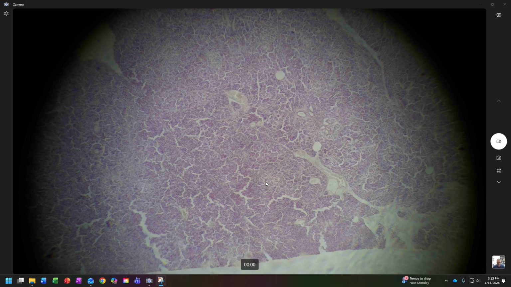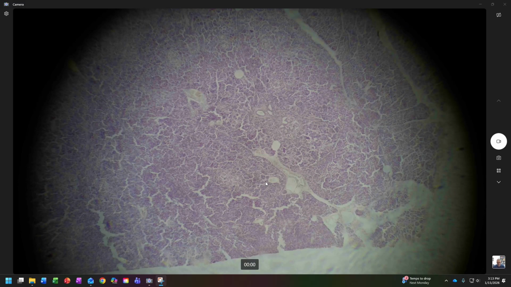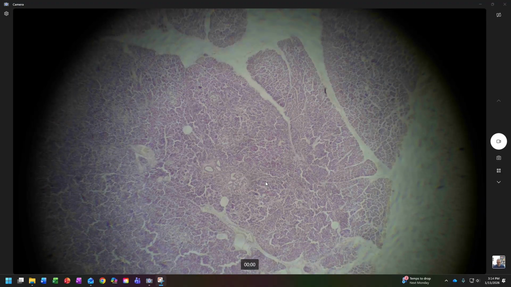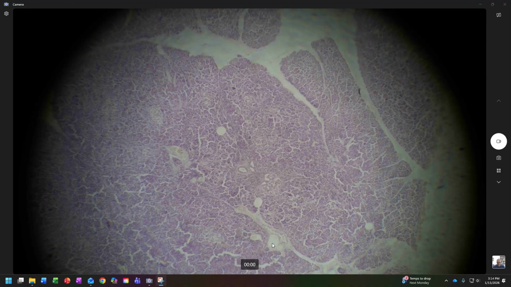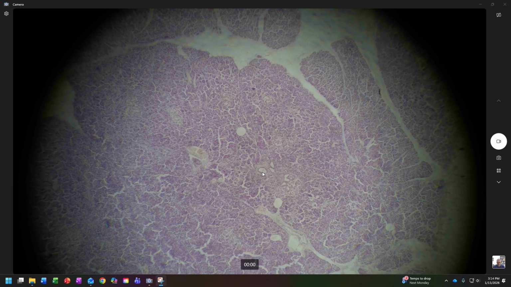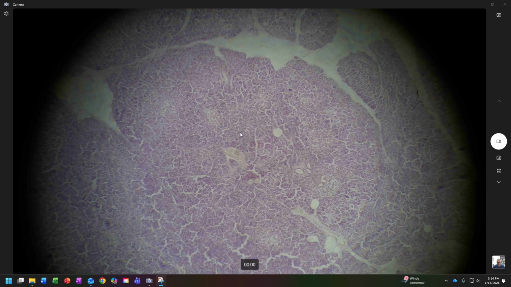If we go around the rest of it, I'm not sure I see anything that sticks out at me. These are probably some ducts or maybe blood vessels, those openings there. That looks like it's probably a duct. I'll have to look to see if there are red blood cells in there. But this little patch, I don't know if you can see that it's kind of clear there.